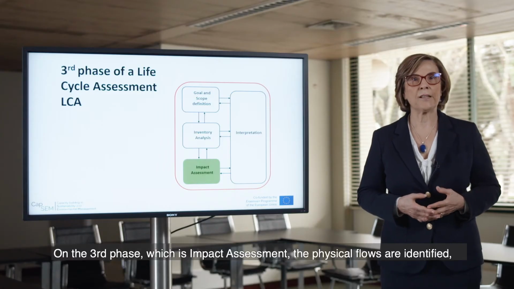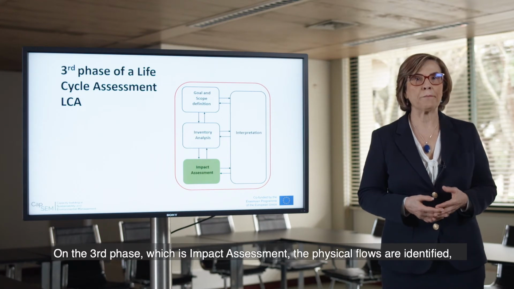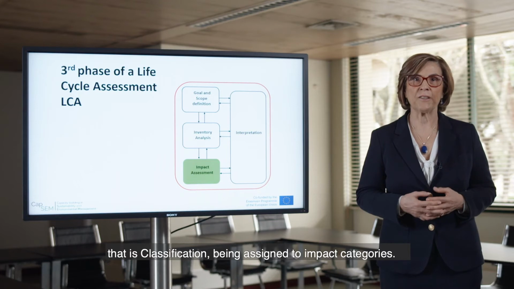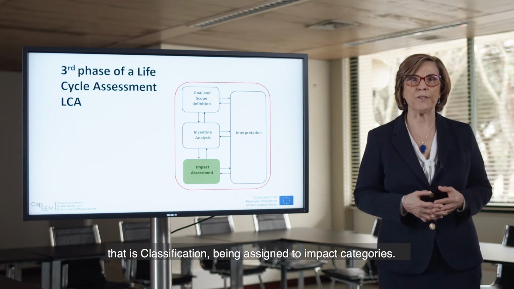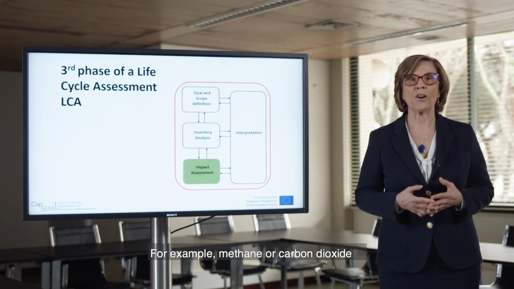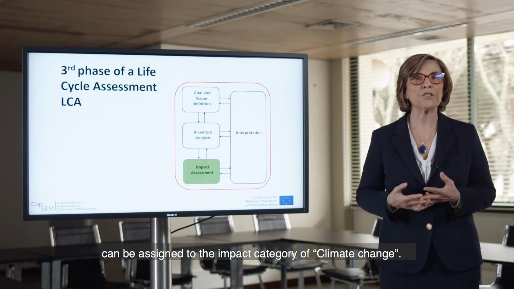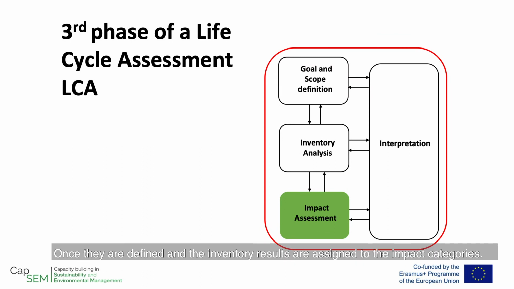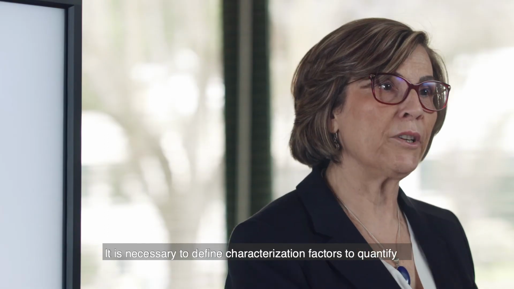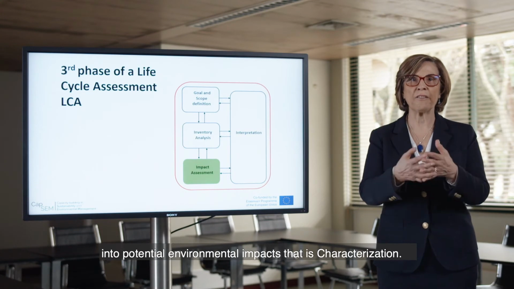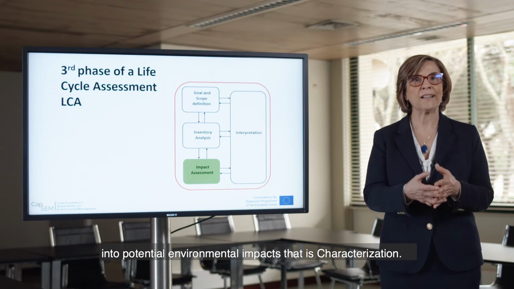In the third phase, which is impact assessment, the physical flows are identified, that is, classification, being assigned to impact categories. For example, methane or carbon dioxide can be assigned to the impact category climate change. Once they are defined and the inventory results are assigned to the impact categories, it is necessary to define characterization factors to quantify into potential environmental impacts, that is, characterization.